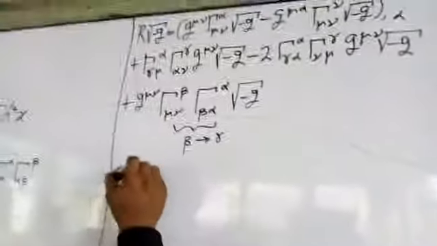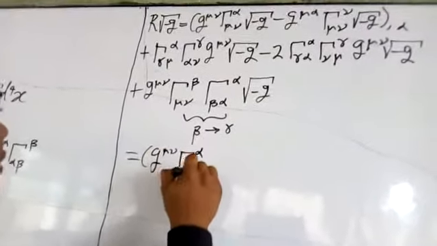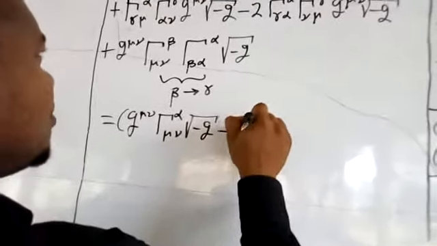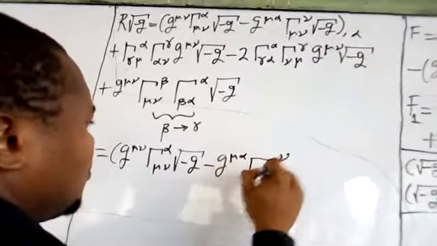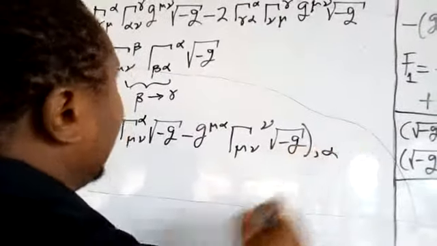With that said, we have here again G mu nu, gamma alpha mu nu, square root of minus G, mu alpha gamma nu mu nu, and then square root of minus G comma alpha.